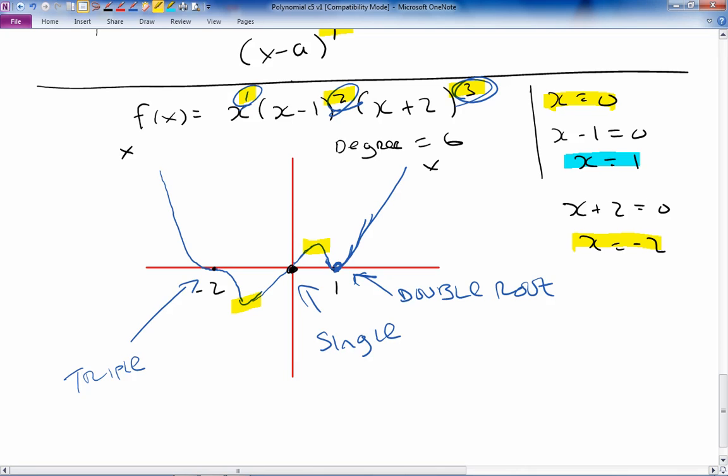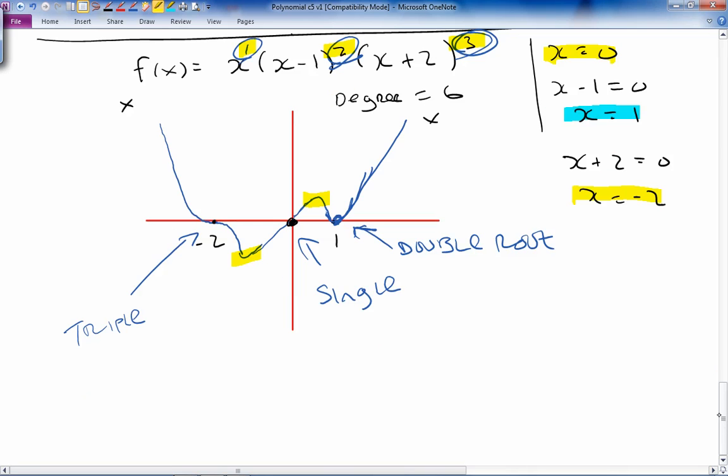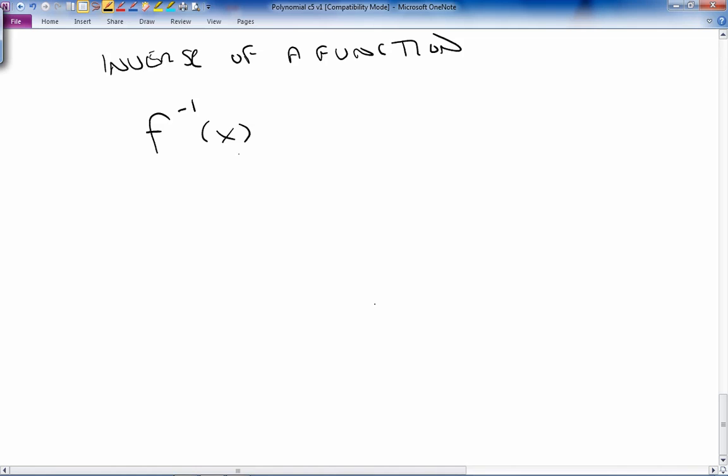Other things we're supposed to know about functions. We're supposed to know about the inverse of a function. Okay. F inverse. Now remember, this is bad notation, not an exponent.